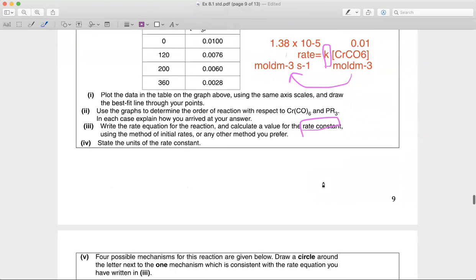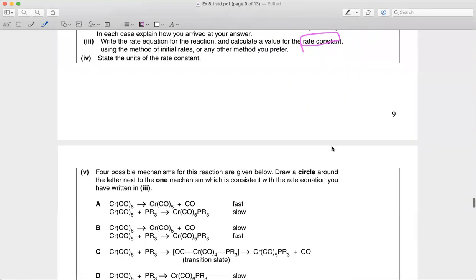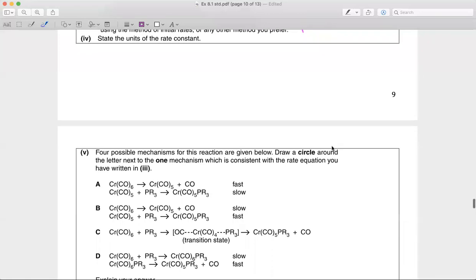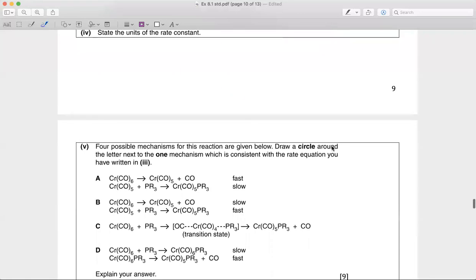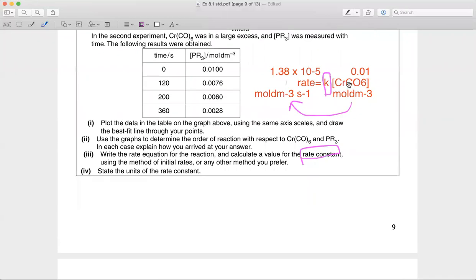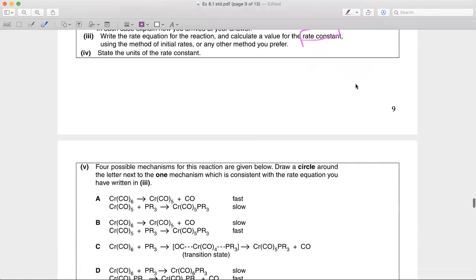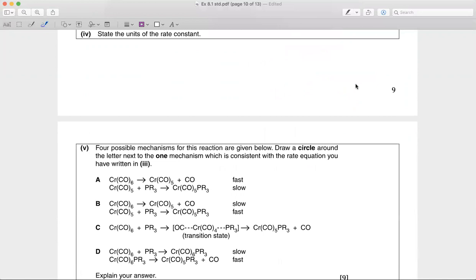So which one do you think agrees with the rate equation? I repeat, the species that appears in the rate equation is the same species that appears in the slow rate determining step. So which mechanism?